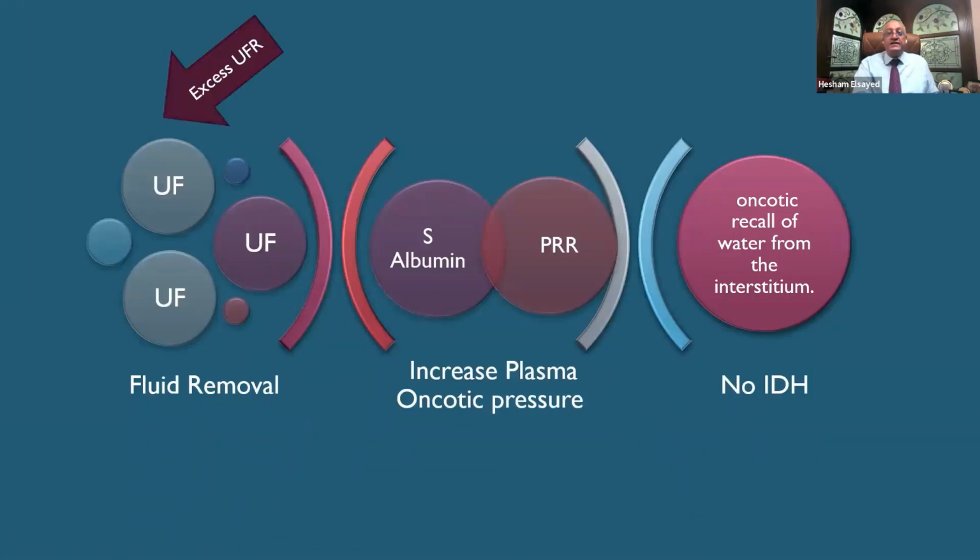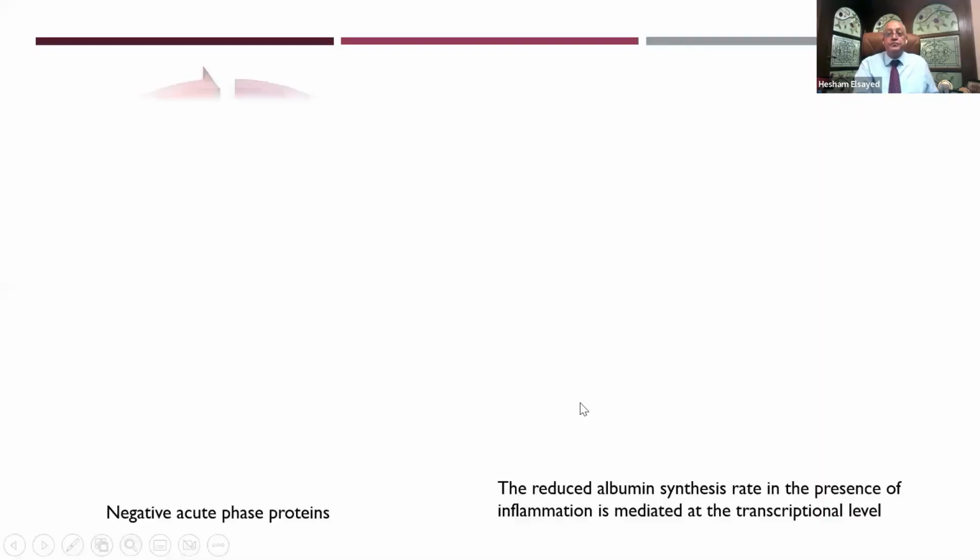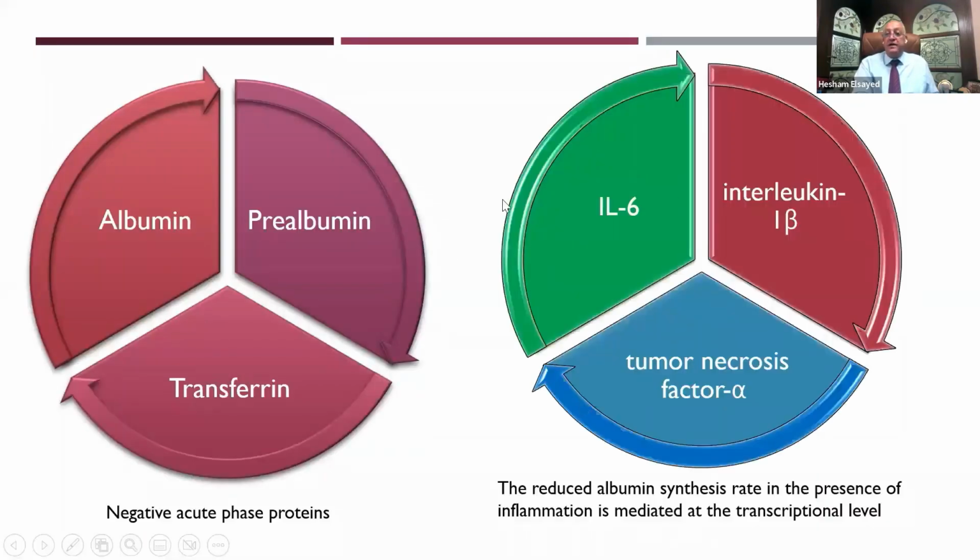If you are using an excess ultrafiltration rate, and if you experience low serum albumin or plasma proteins, you will experience intradialytic hypotension. So albumin is related mainly to the production from the liver, but if you have septicemia or toxemia or any inflammation, you will have a lot of cytokines that reduce albumin synthesis.